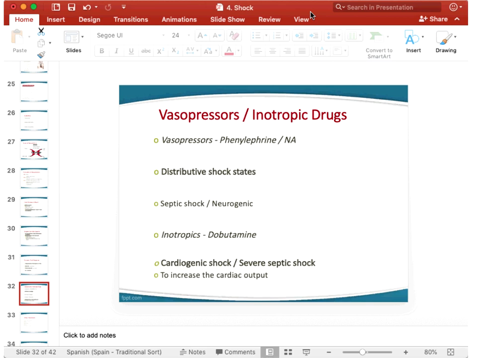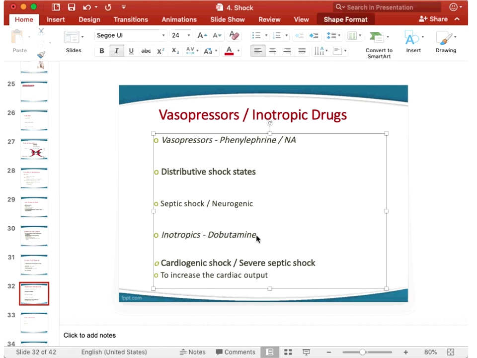If it's a cardiogenic shock, you need to address the pump function, and in those cases you're going to see that the physician infuses dobutamine. That increases the inotropic effect, basically the force of the cardiac pump. That means that you can use this in cardiogenic shock.